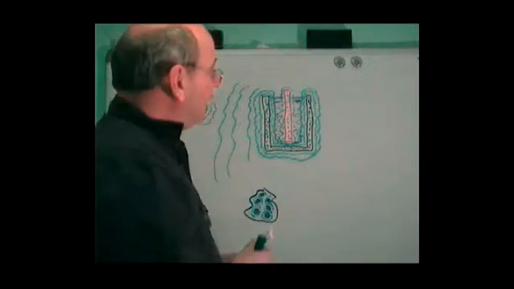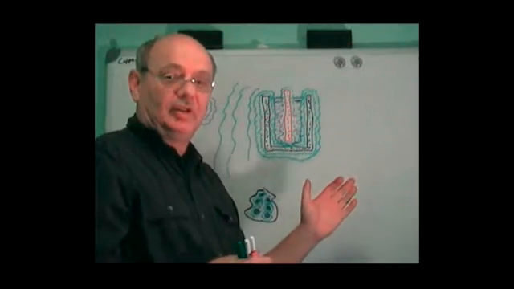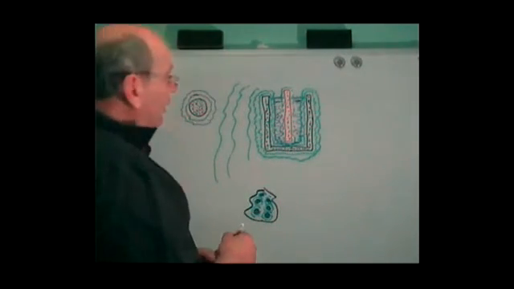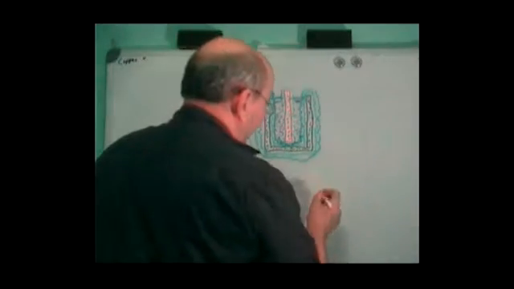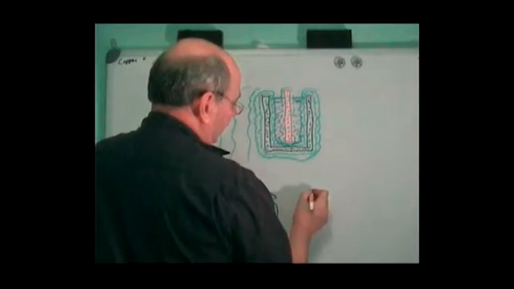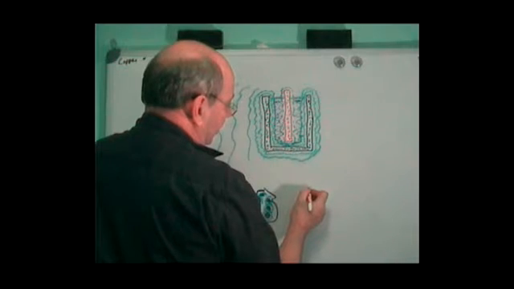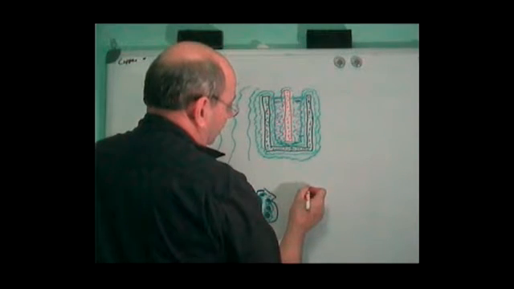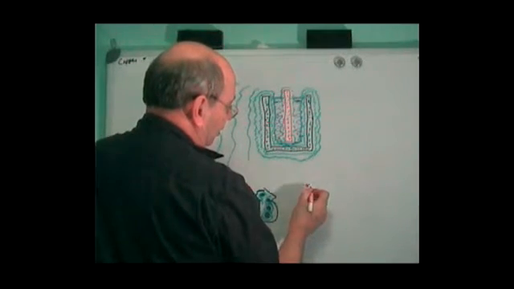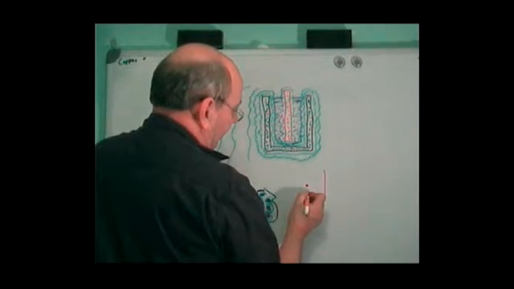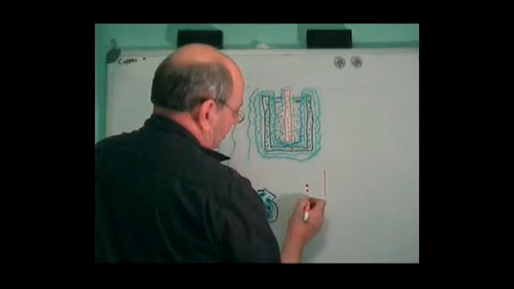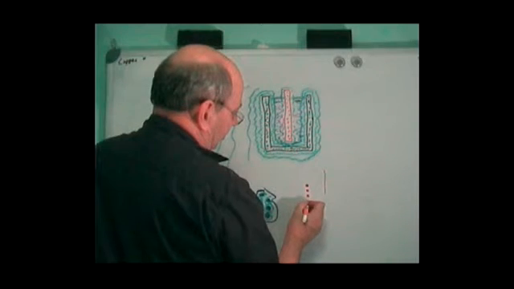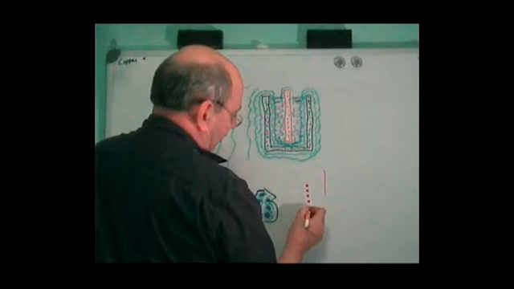Now, an interesting thing that we hypothesize happens here is that if we were to look at a cross-section of this cathode, we actually get a line, right? That actually is made up of millions and millions of little molecules.